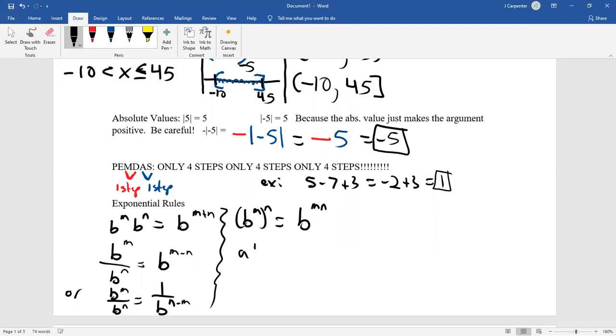You can have two different bases being raised to the same exponent, and then you just distribute that exponent. You could have a fraction of bases being raised to the same exponent, and then again you just distribute the exponent. Some of these rules, especially I think these right three rules, are actually pretty sensible.